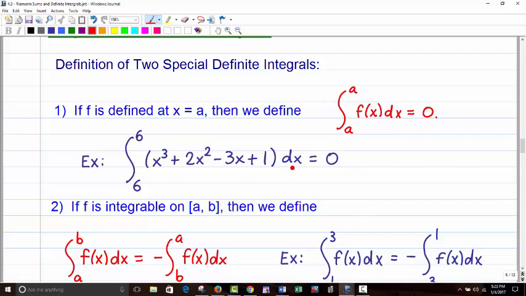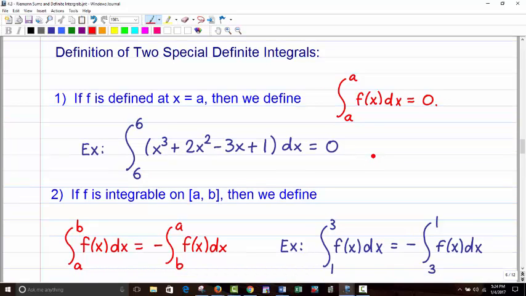So like this one, even once we learn how to work it out, we wouldn't need to work it out because the lower and upper limit are the same, therefore it's 0. And another way you can think about it is if you thought about it as being the area between 6 and 6, there'd really be no area there, would there? Because there's no gap in the x's.